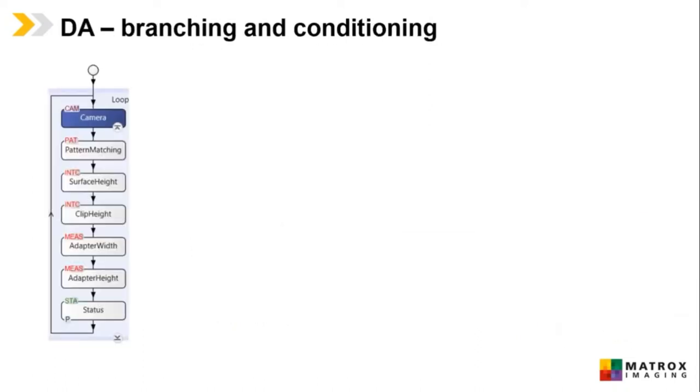And a key thing of Design Assistant is this capability of branching and conditioning, right? A lot of the tools out there that are easy to program typically do what we call linear programming, right? So basically take a picture, add 3 or 4 tools, get a result and activate an IO. And that's what we can do with Design Assistant, certainly.